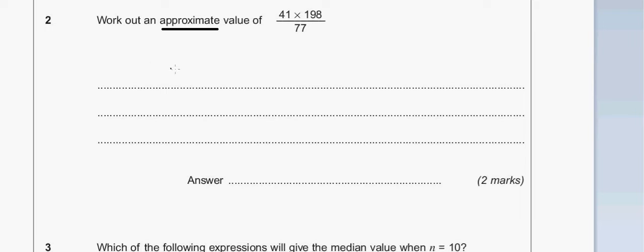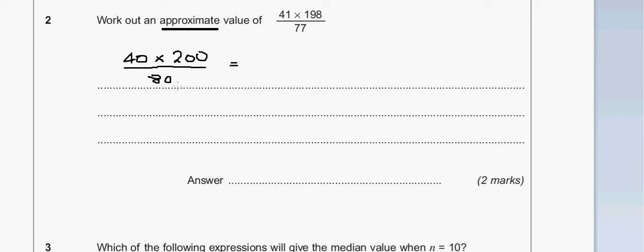So 41 I would round to 40 multiplied by 198, so that I would round to 200 and 77 I would round to 80. So this is now very doable.